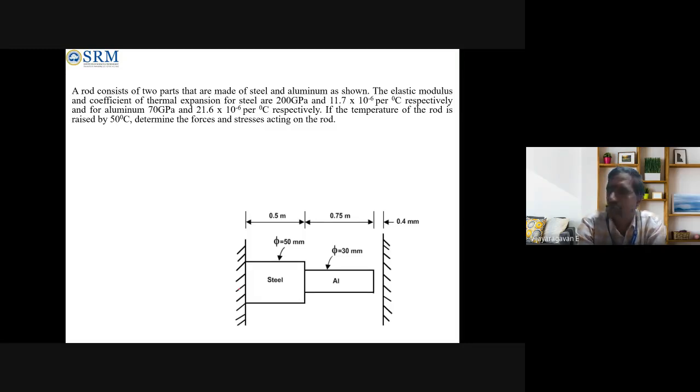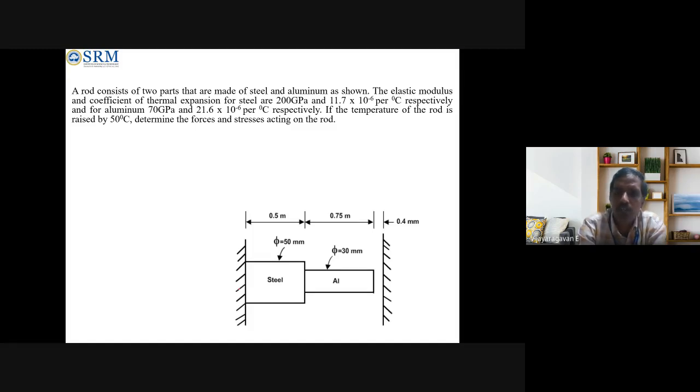In this case, we have a rod consisting of two parts made of aluminum and steel, as shown in this figure. The elastic modulus and thermal expansion for both the materials have been given. If the temperature of the rod is raised by 50 degrees, find the forces and the stress acting in the rod.